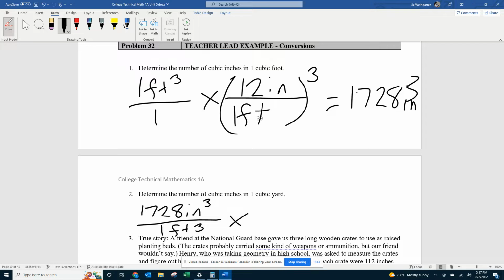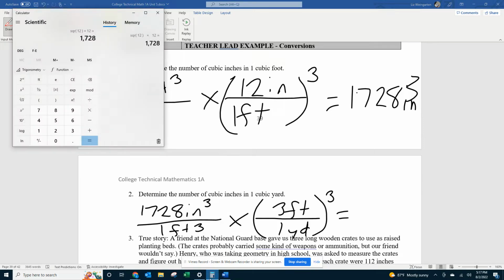Now we're going to multiply that, and we are going to convert our feet into yards. Right now our feet are on the bottom, so we're going to put our feet on the top. So we're going to have 3 feet per 1 yard, but we're going to cube that whole thing. 3 cubed is 27, so I'm going to take what we got in our last answer and multiply it by 27.